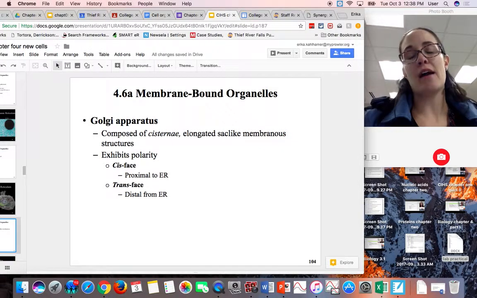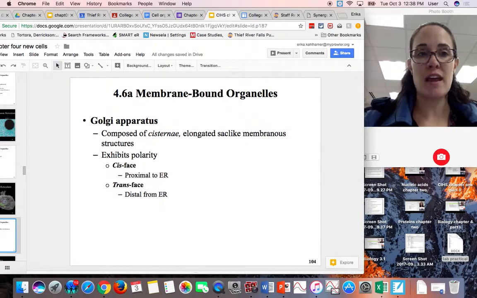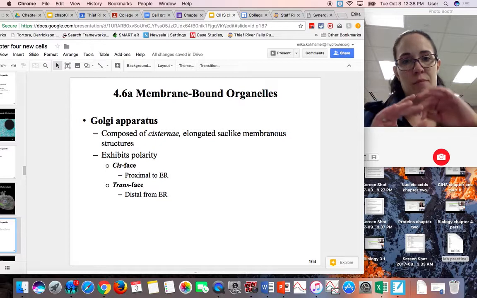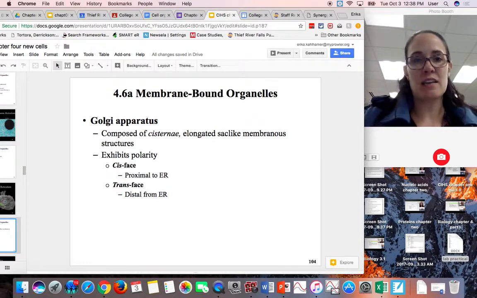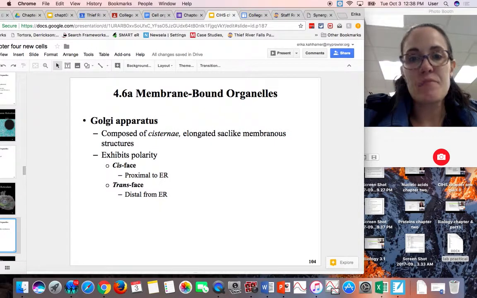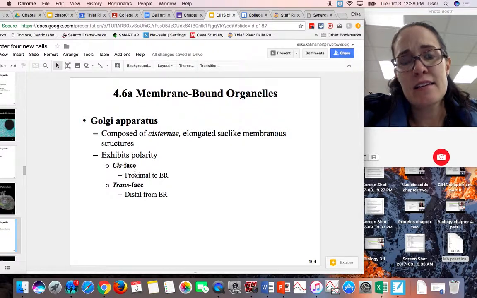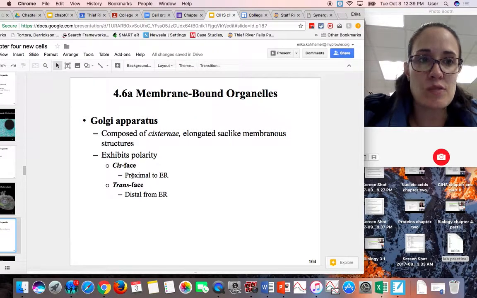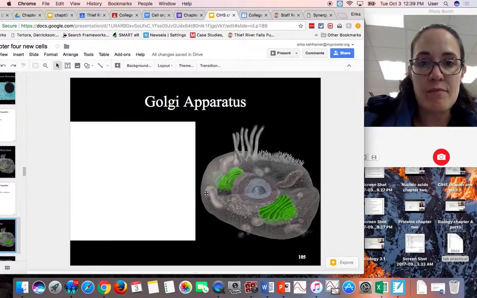The Golgi apparatus is composed of cisternae, that's what they're called, elongated sac-like material. And there are two different sides, because it's polar. There's going to be a cis face that's closest to the ER and a trans face further away. This shows it. Okay, so here's the whole Golgi apparatus.